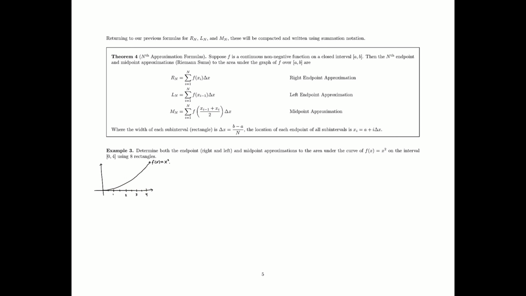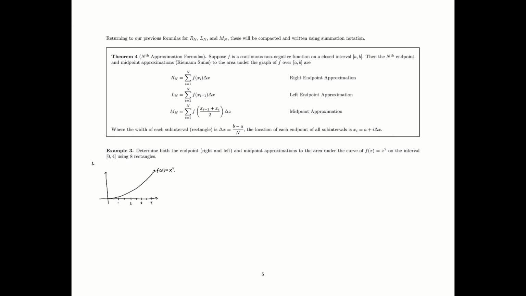So let's go ahead and draw. We're going to use this graph a couple of times. So for now, we'll start off by doing the, let's start with the left endpoint.